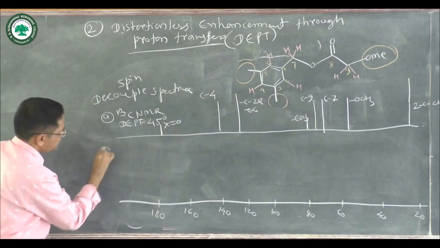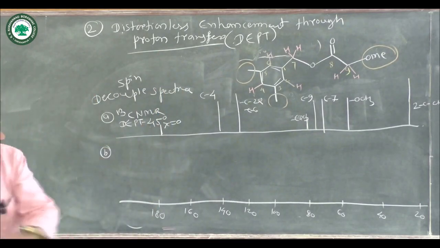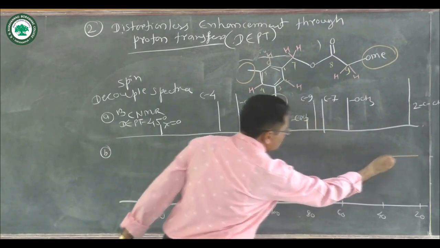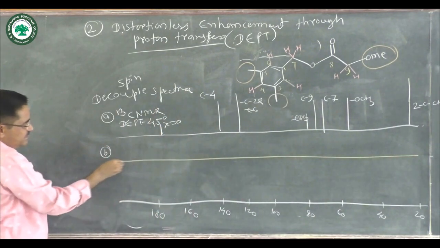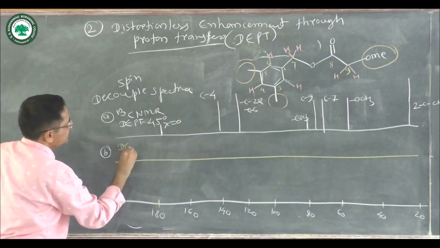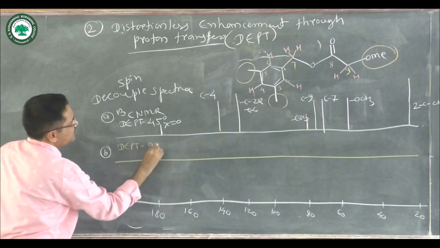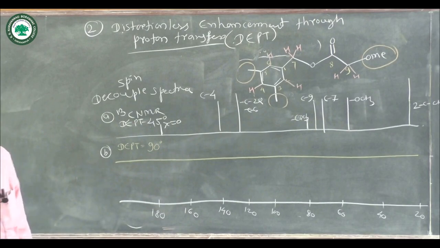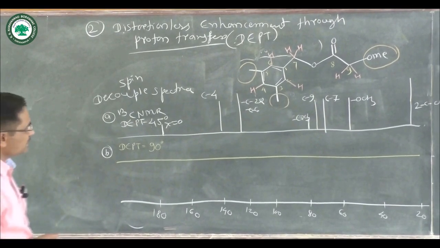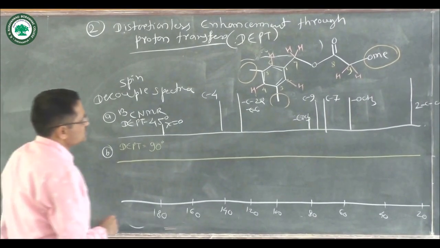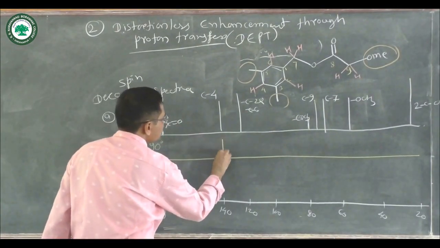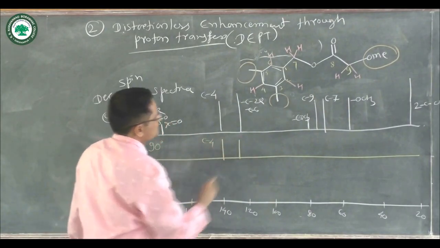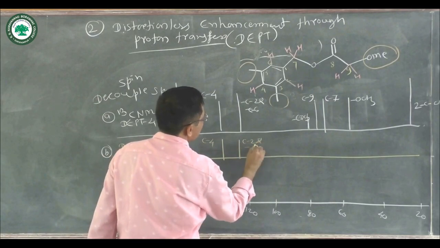Now the second one. This is DEPT 90 degree, and in this case we observe only CH, meaning only C4, and C2 and C6.